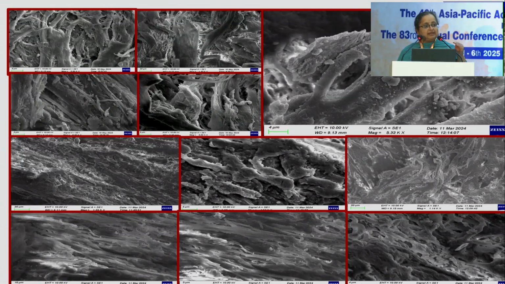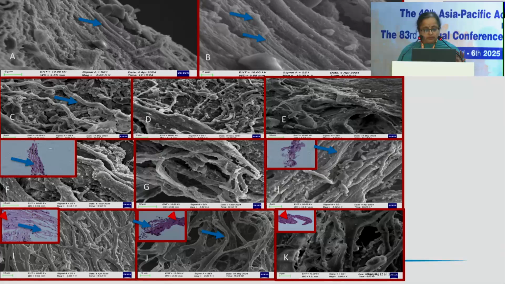So if we understand and recall, these electron-dense deposits might be the glycosaminoglycans, and we know that the steroid receptors are on the surface. So what do these deposits represent? We still do not know, but what is important for us to understand is that these deposits are widespread only in the JXT and the corneoscleral. So why is it not present in the uveal meshwork is still a question.